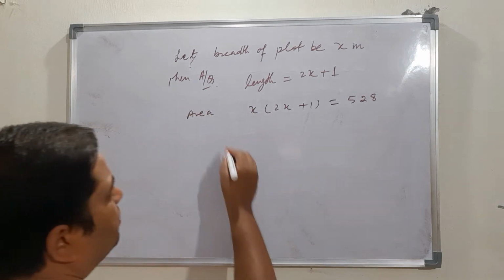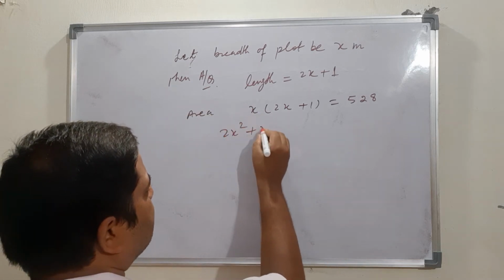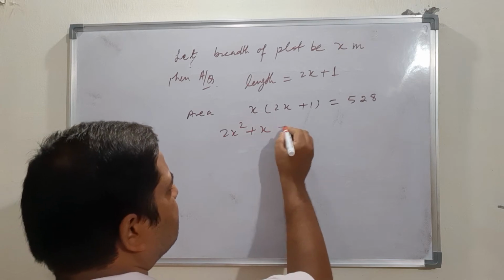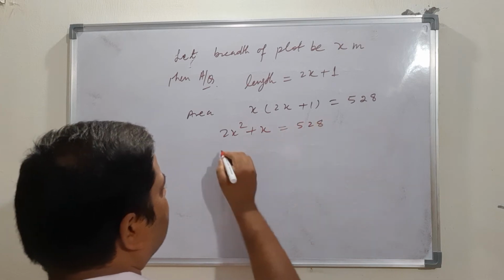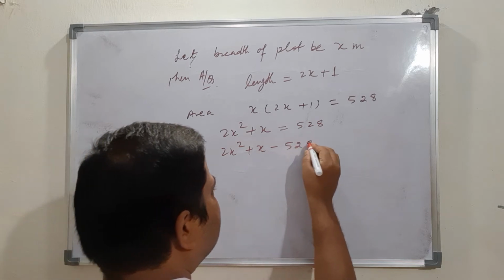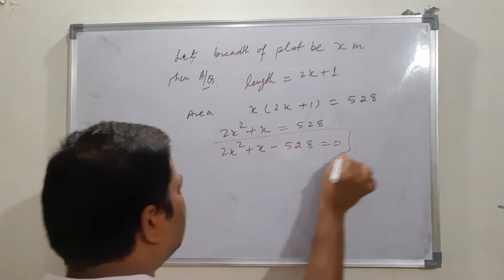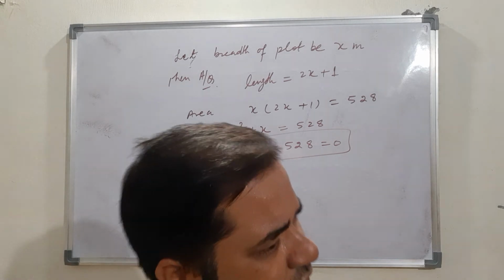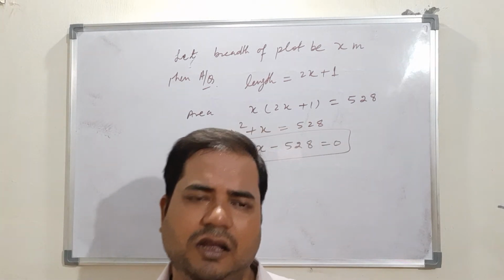So this is 2x square plus x is equal to 528. So 2x square plus x minus 528 is equal to 0. So you only have to represent this in the form of a quadratic equation.